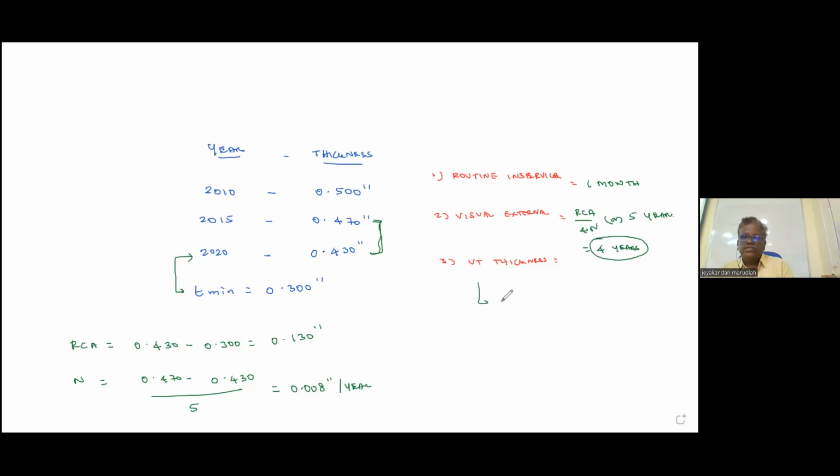UT thickness: RCA by 2N or 15 years. So if you work it out, RCA by 2N, 0.130 divided by 2 into 0.008, you will get 8 years.